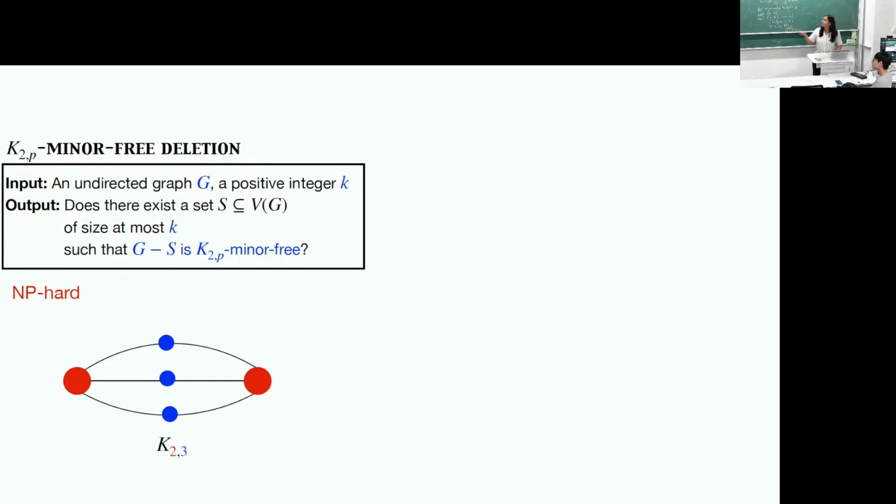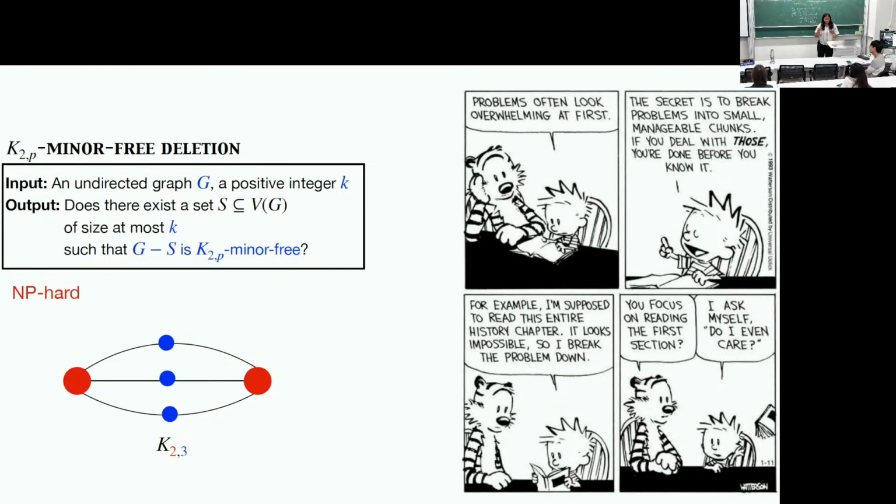And this is an NP-hard problem, which means we do not expect any polynomial time algorithm for the problem. We do not expect to solve the problem efficiently, where the notion of efficiency is polynomial time, polynomial in the size of the input instance, the pair G comma K. So what we are interested in today is to design an algorithm for this problem that does not necessarily solve the problem.